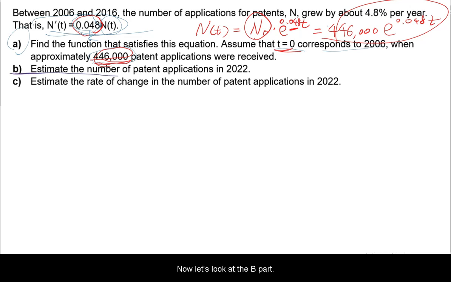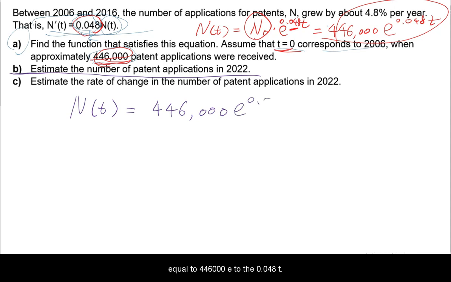Now let's look at part B. Estimate the number of patent applications in 2022. Okay, so knowing the function N is equal to 446,000 e to the 0.048t, we just have to find for 2022, what is our t?